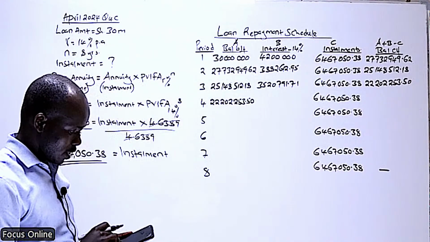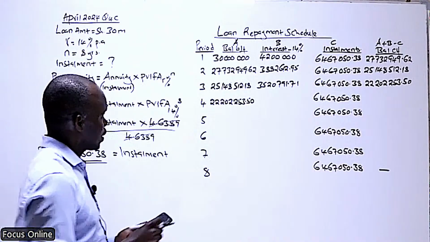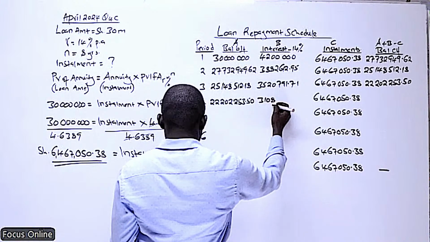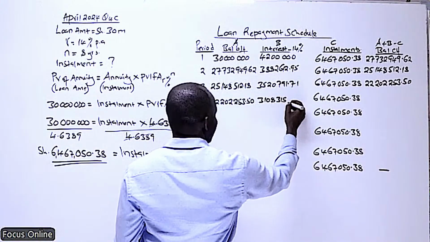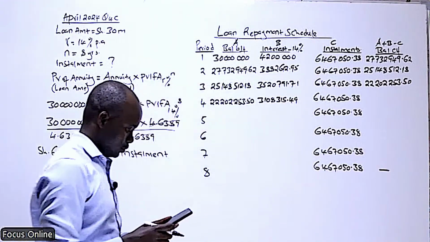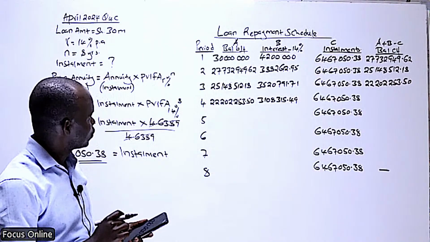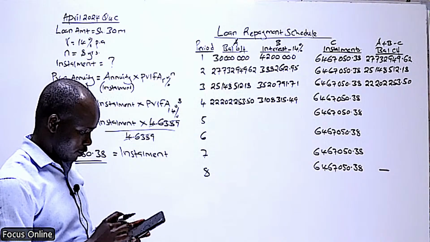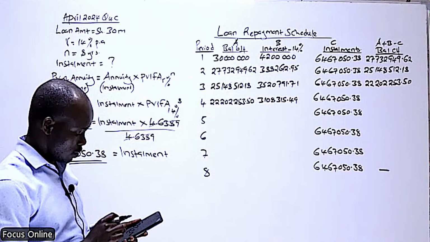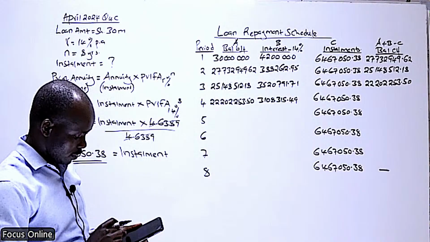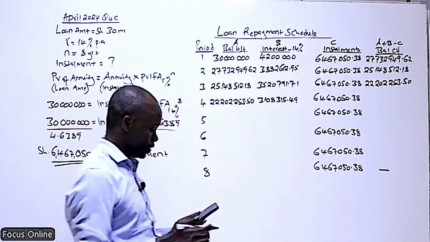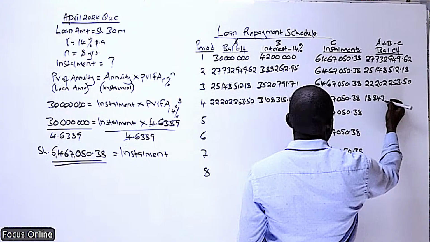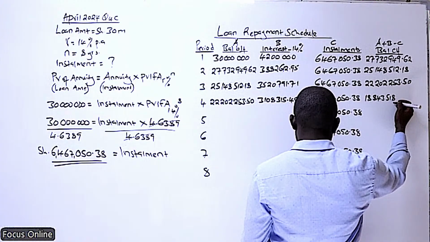Then we charge interest again. We get 3,108,315.49. Then 22,202,253.50 minus the installment 6,467,050.38. So 18,843,518.61.